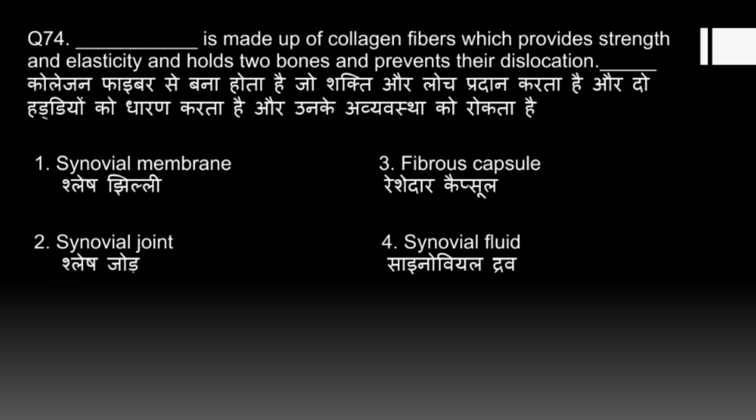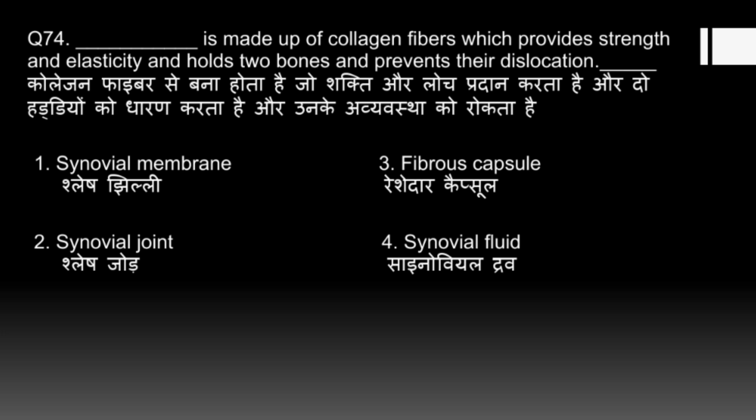Question number 74. What is made up of collagen fiber, provides strength and elasticity, holds two bones and prevents their dislocation? Options: option 1 synovial membrane, option number 2 synovial joint, option number 3 fibrous capsule, option number 4 synovial fluid.